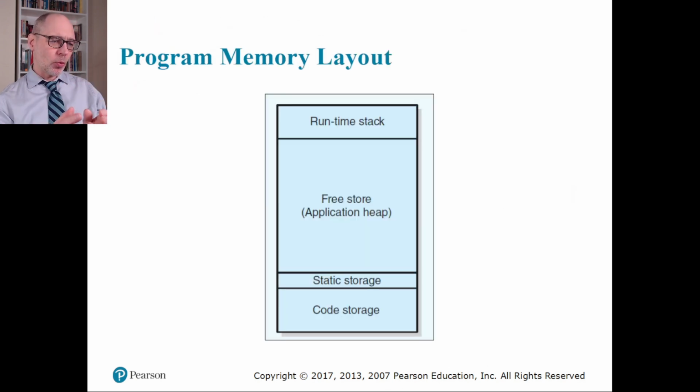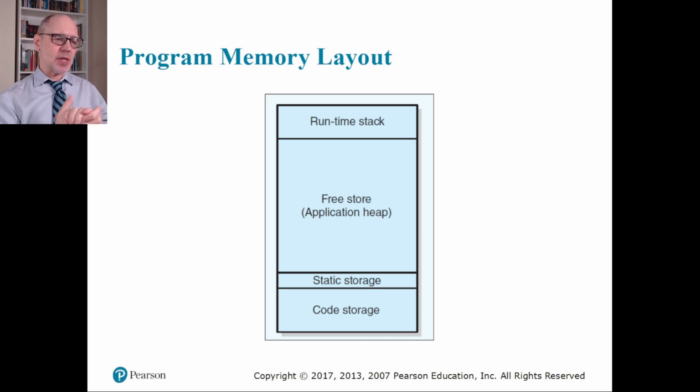Okay, item number one, let's review the memory layout of what a slice of memory normally looks like when you have any program running on a system. So you have memory. For any particular program, you get a fairly small slice, traditionally at the top of the memory system. It's called the runtime stack.